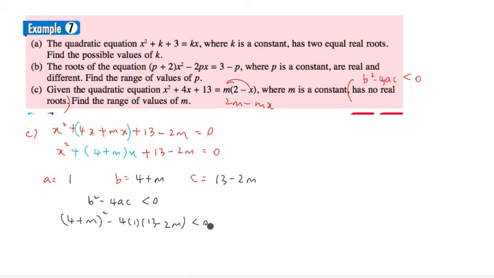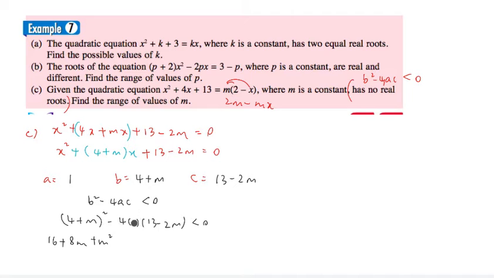That's why I taught you before to use the shortcut to expand it, so there's no need for two brackets. How is the shortcut? 4 squared is 16, plus 4 times 2 times m, which is 8m, and then m squared. Front square, center multiply all, behind square. I expand this one only.